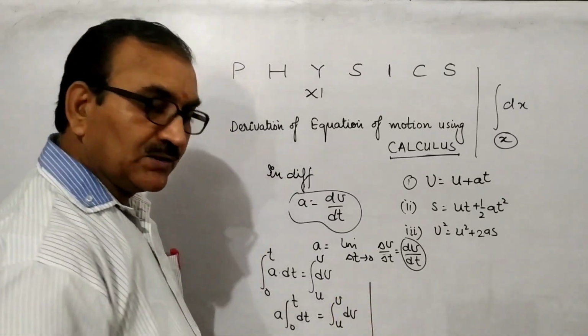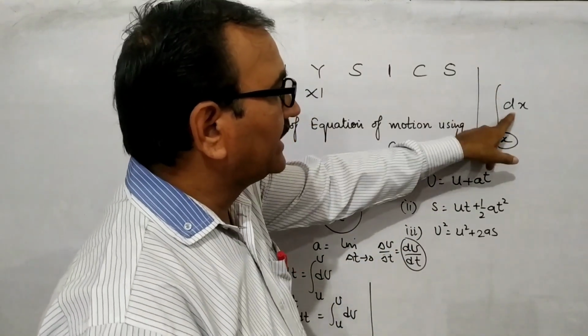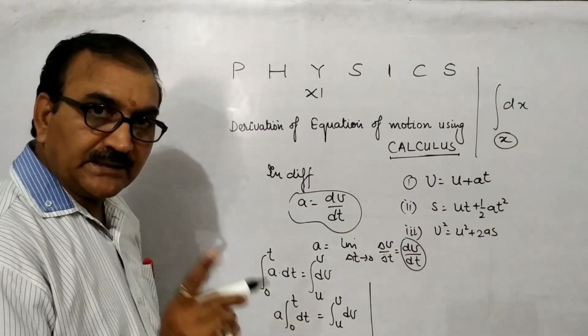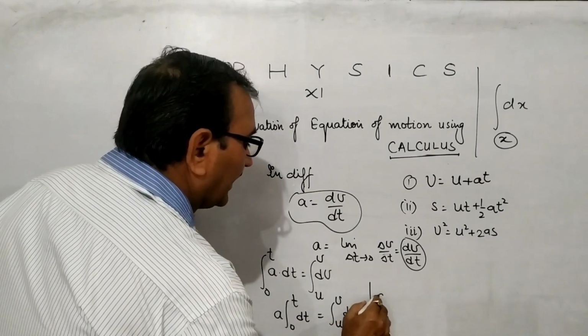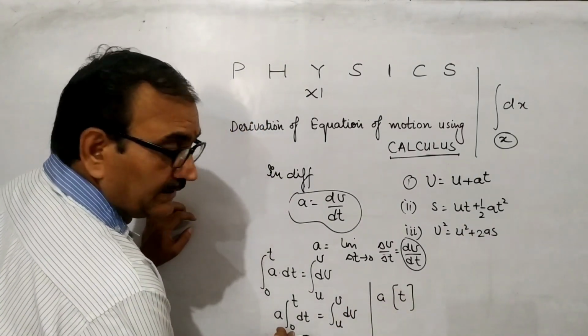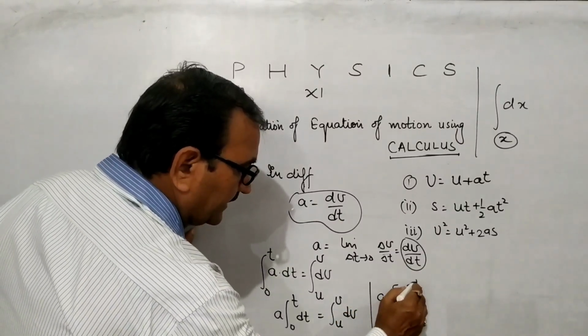First of all, you integrate it. Just like I have written here, integration of dx is x, so here integration of dt is t. So a times t, and the limit is written in a square bracket on the right side.